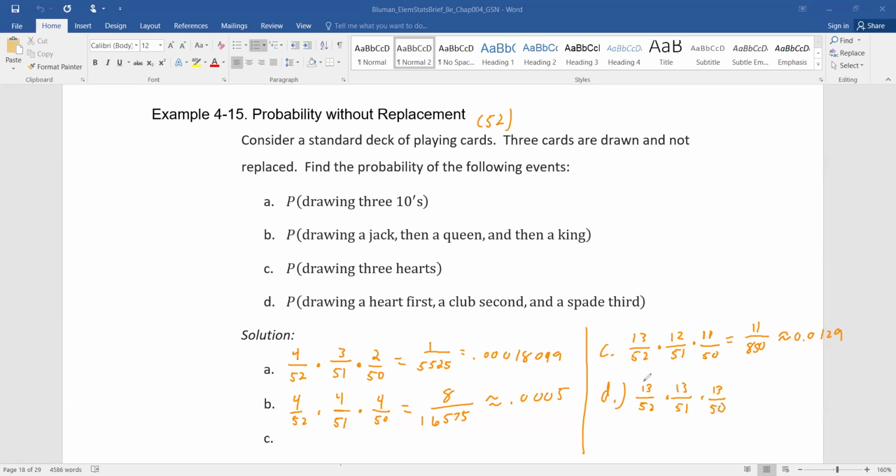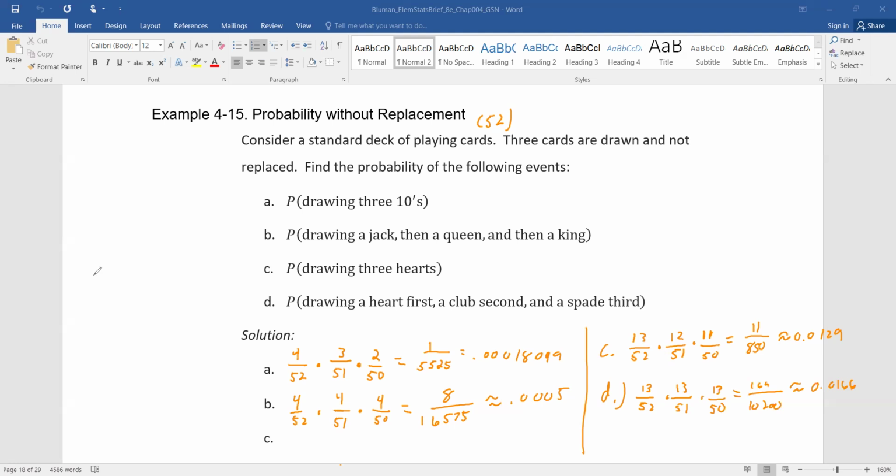Knowing that this one was a heart and this one was a club, this would be a spade. So in this case, that would be 169 over 10,200, which is roughly 0.0166. So you have about a 1.66% chance of getting one card of each: a heart, a club, and a spade.